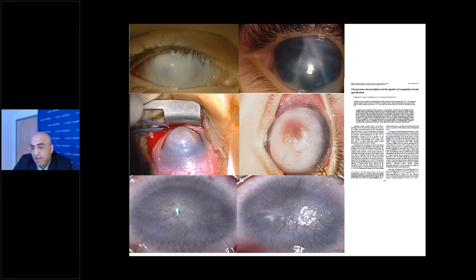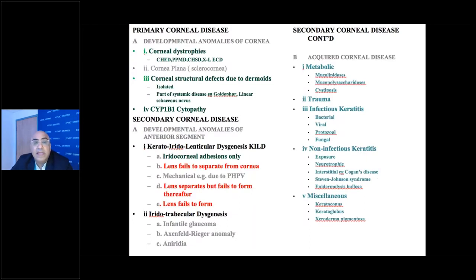But the cough itself is not the diagnosis. So similarly, if you call all of these sclerocornea, you could call it a sign, and the sign is that you've got total corneal opacity. It's not a diagnosis. So let's have a look at this classification that I've told you about.